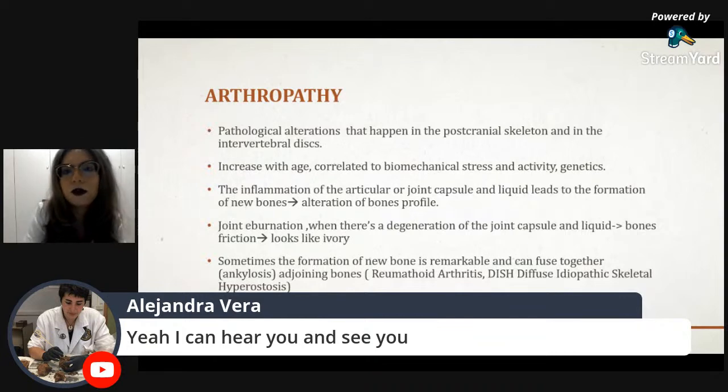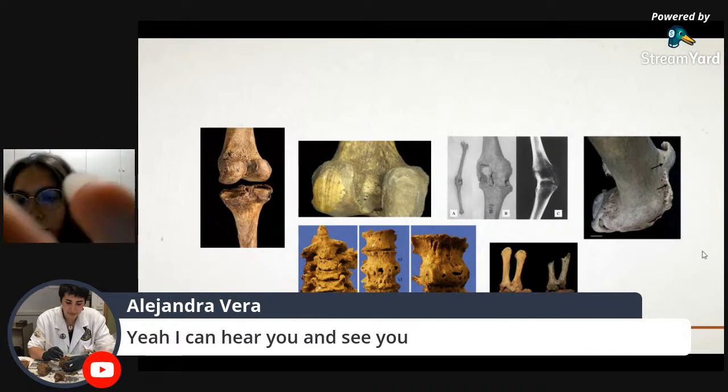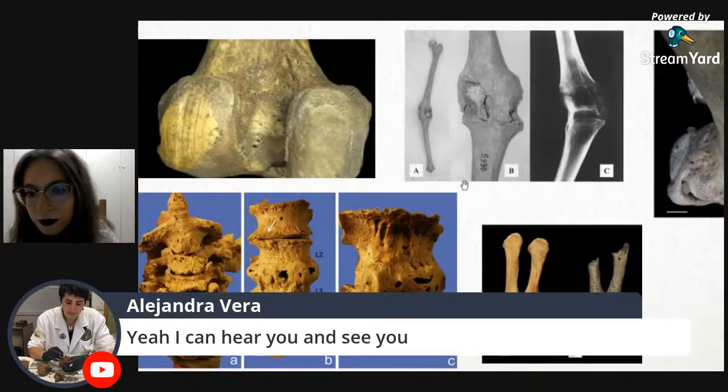Sometimes the formation of new bone is remarkable, as I said before, and can fuse together non-joining bones. And we have an example from rheumatoid arthritis.